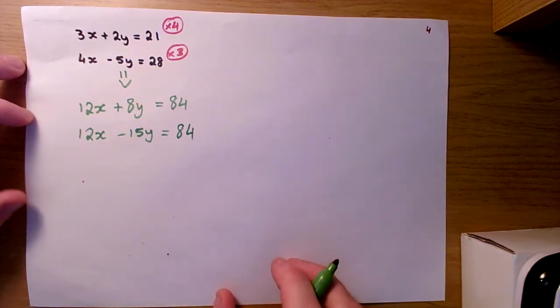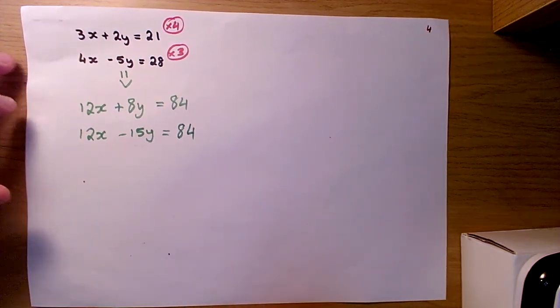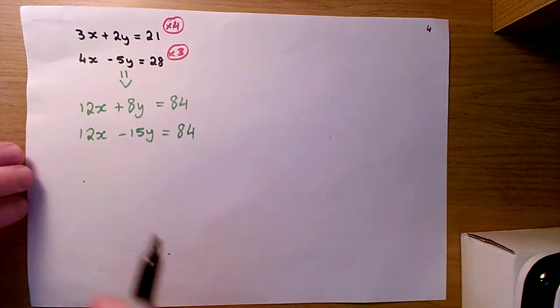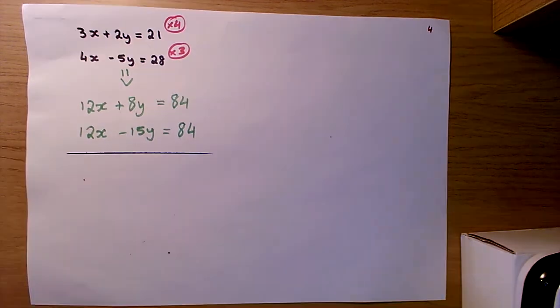Alright, so these things are looking a lot better for us here, and we can start to maybe combine and solve. Now, of course, we could have had the coefficient of the y be the same, and it would have made our lives a little bit easier, but there's a better learning opportunity here in terms of changing signs, and we'll see that in a moment.